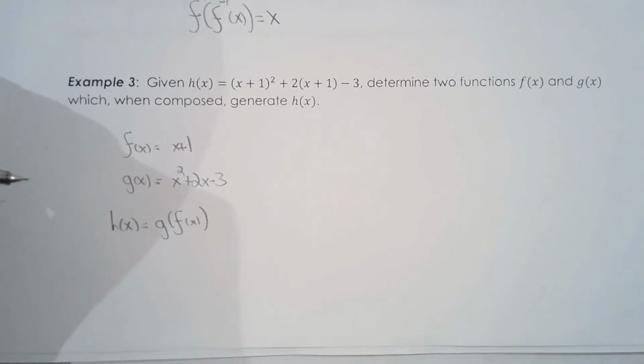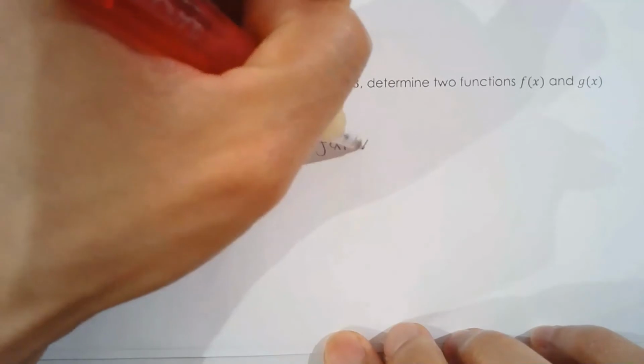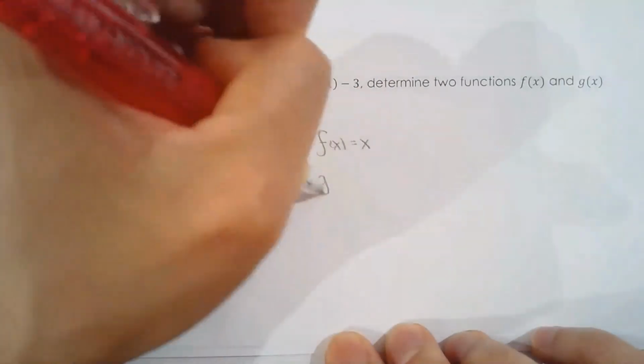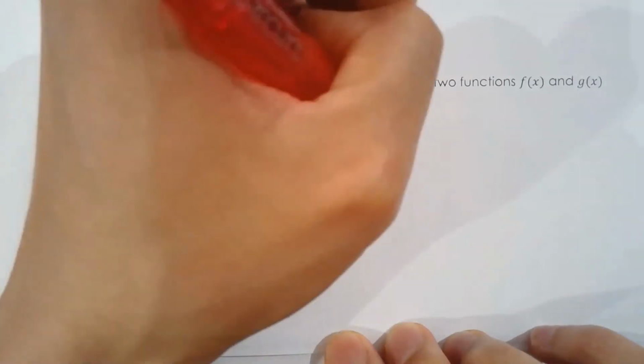Okay, so there's another silly way of doing it. I would not like this as an answer on the test, but there's nothing wrong with it. So another way of doing it is if f of x equals x and g of x is equal to (x plus 1) squared plus 2 times (x plus 1) minus 3.